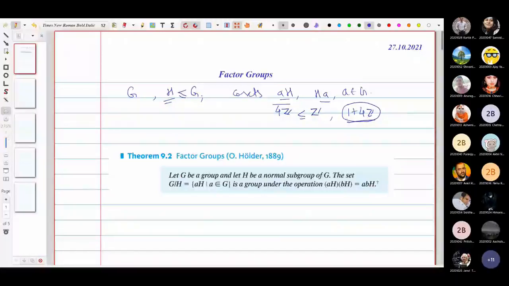For this, we also saw two lectures back that the product of two subgroups H and K becomes a subgroup of G if HK equals KH. This we know.